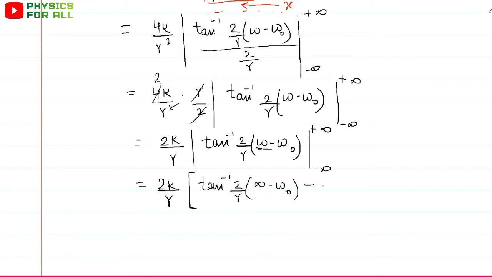And then minus tan inverse 2 by gamma minus infinity minus omega naught. I'm just writing this particular step only to show you what is happening. However, you need not write this because this looks absurd.